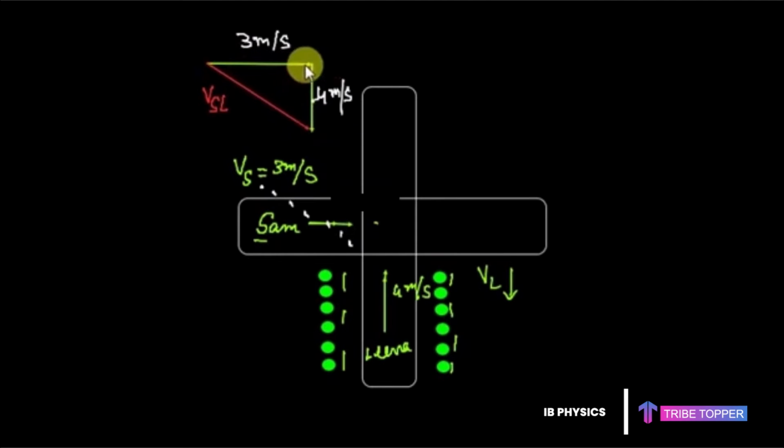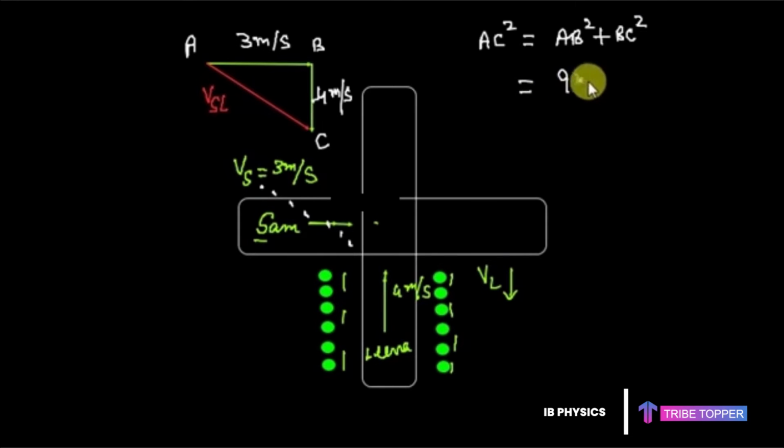If you look at it, this is a right angle triangle, so I'll mark the points as A, B and C, and in my right angle triangle I have AC as the hypotenuse. So AC squared by Pythagoras theorem is equal to AB squared plus BC squared. Therefore the relative velocity of Sam with respect to Lena is not 3, but it's going to be 9 plus 16, that gives me 25, and therefore AC, without the root, is 5.